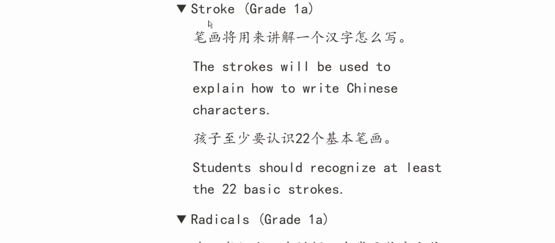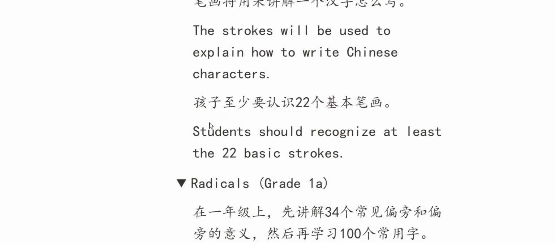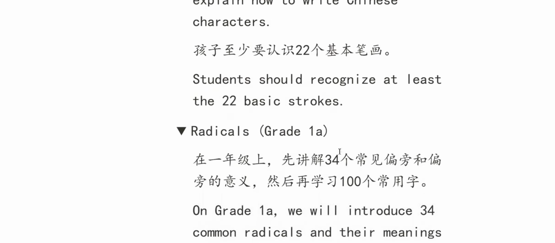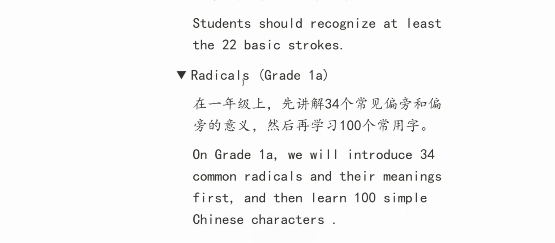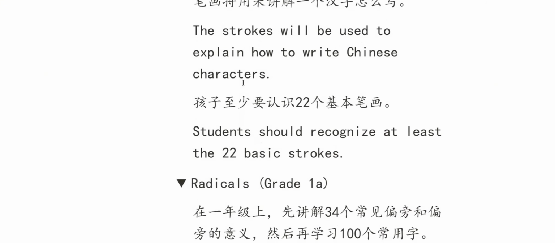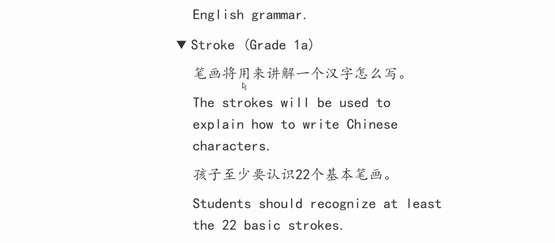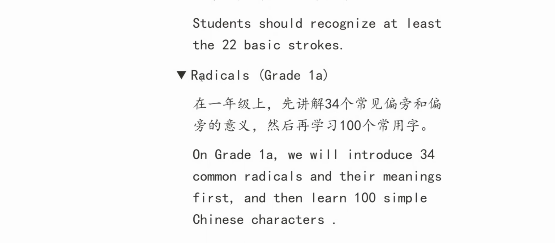The start of grade 1A is to learn the strokes. The strokes will be used to explain how to write Chinese characters. Students should recognize at least the 22 basic strokes. We will see them a little bit later. After strokes, which are like the cells of a person, we will learn radicals.